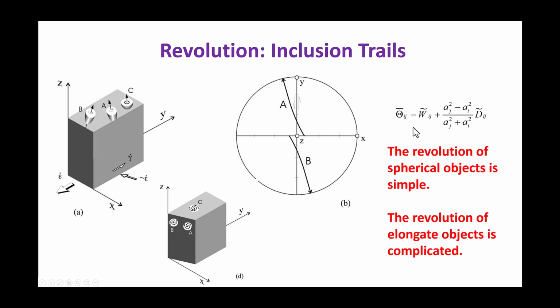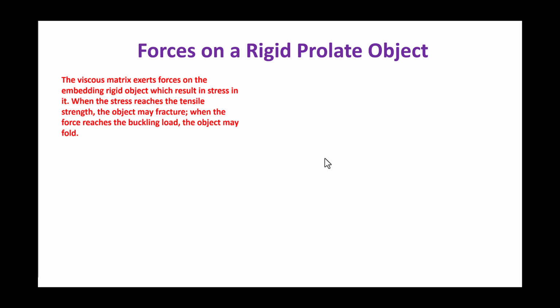For spherical objects, the angular velocity is only dependent on the vorticity because the second term vanishes. For a triaxial object, for an elongated object, prolate as well, the second term is non-zero. The rotation path is sensitive to the initial condition. So the conclusion is that the revolution of elongate objects is complicated and their inclusion trails are not easy to interpret. So much for the kinematics.